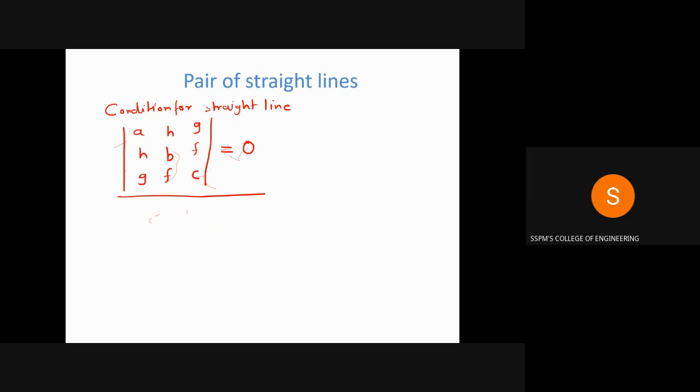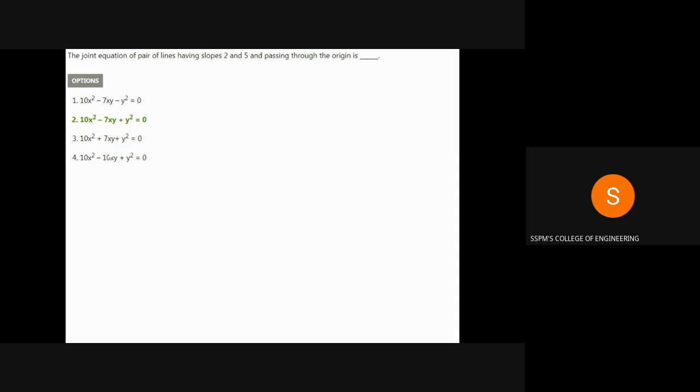Now we will solve some examples on pairs of straight lines that were previously asked in your CET exam. So let us see the first question. What is the question here?